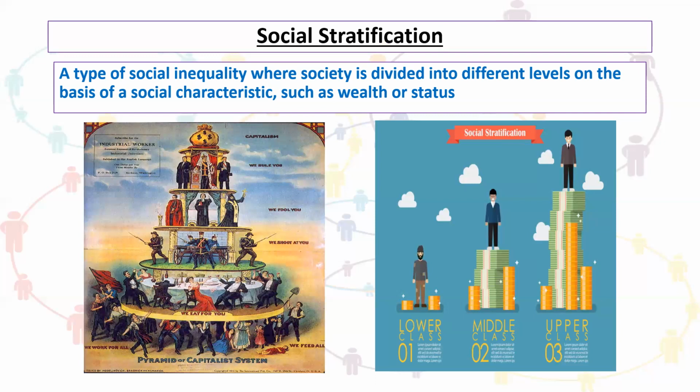A type of social inequality where society is divided into different levels on the basis of social characteristics such as wealth or status. Now I've put these images on here, not because they've got any invaluable information, but it gives you a good visual image of what social stratification is. The one on the right sums it up.